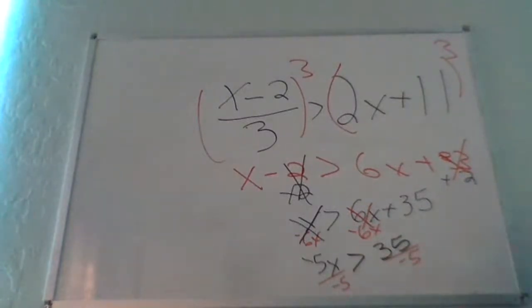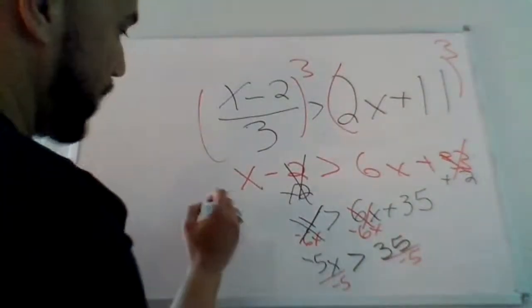So what does x equal? Or what is the solution? Let's start there. We flip the sign to be less than. Why do we flip the sign? Because we divide by a negative. You're exactly right. So we're going to flip the sign.